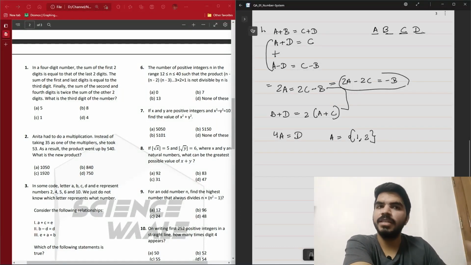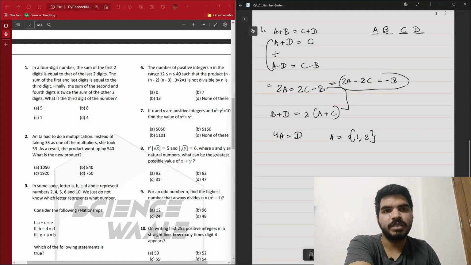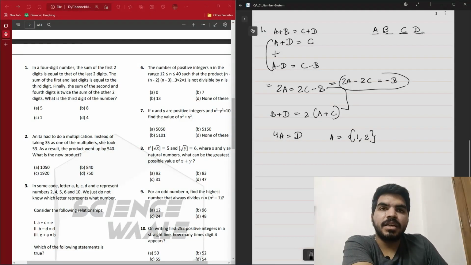If it is 3, it will be 12, and a digit can't be 12. So as of now no other number except 1 or 2. But we can eliminate right now as well. A plus D equal to C. Put D is equal to 4A in this equation.